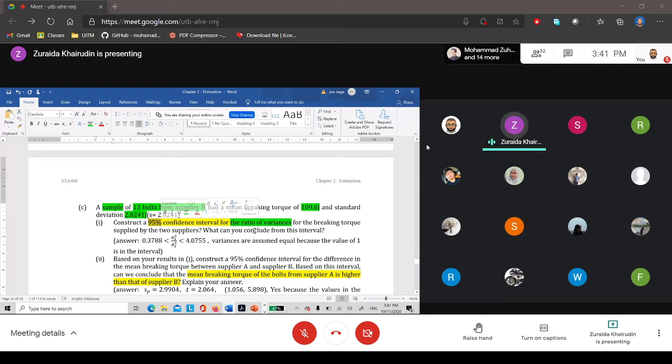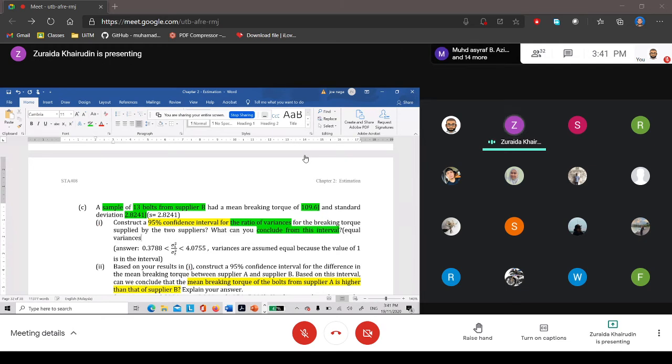Okay, I give you a hint. For question of ratio of variances, when we ask you to conclude, we actually want to know, is it equal variances or unequal variances? Okay, there are only two answers if we ask you to conclude from interval ratio of variances.